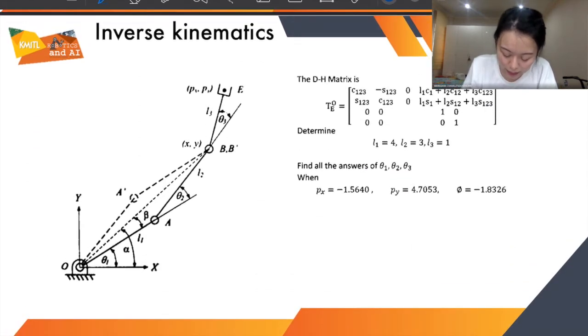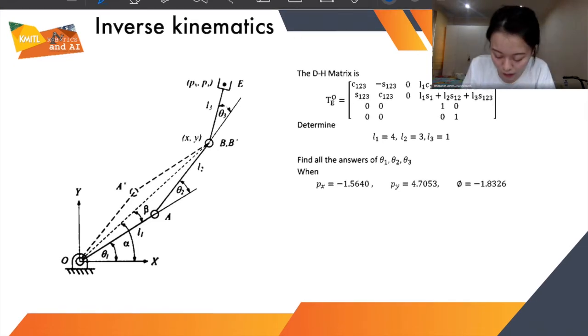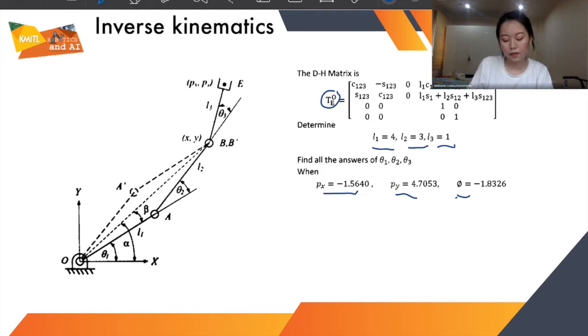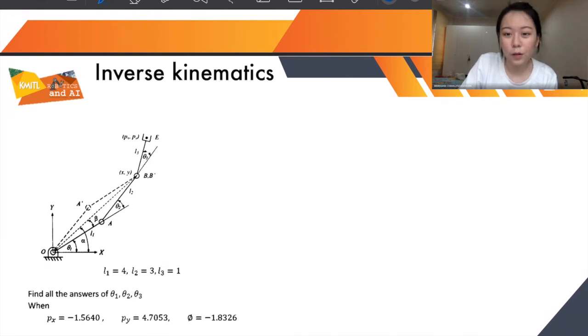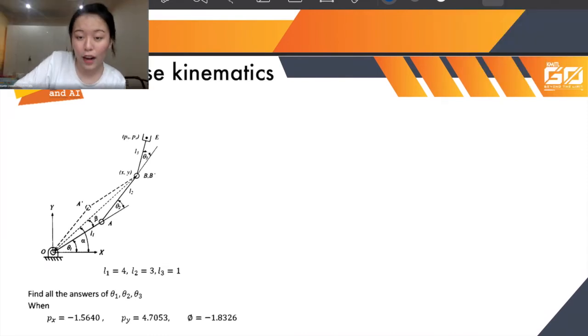And this is an example of inverse kinematics in a planar robot. The question: given the transformation matrix, determine L1, L2, and L3. We get the point px, py, and the angle theta 1, 2, 3, and we have to find theta 1, theta 2, and theta 3. So first of all, the same equation as before.